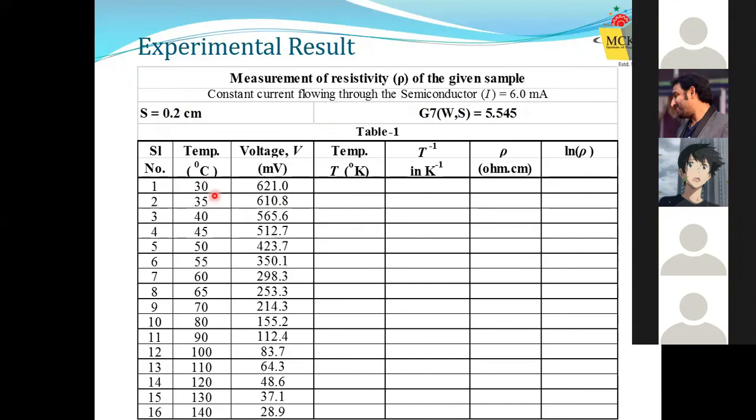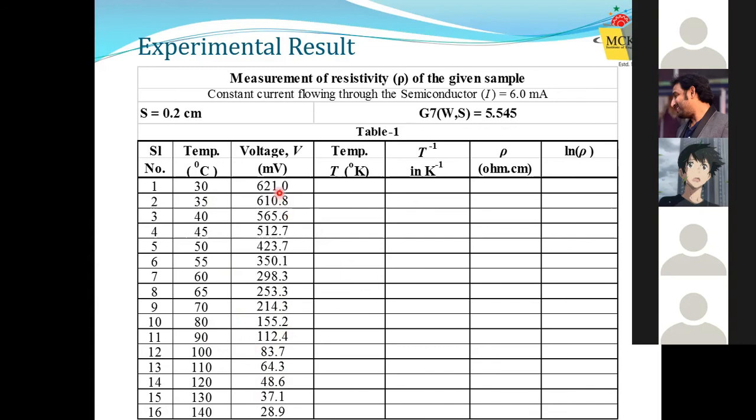We are increasing the temperature by 5 degrees initially, and then after 70 we are increasing it at 10 degree intervals. And you can see the voltage that will be supplied to you. The voltage is decreasing as you are increasing the temperature, which means that the resistivity will also decrease.